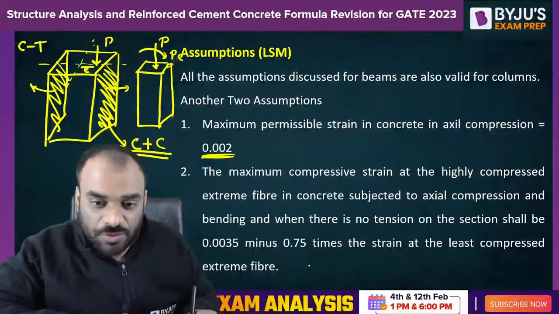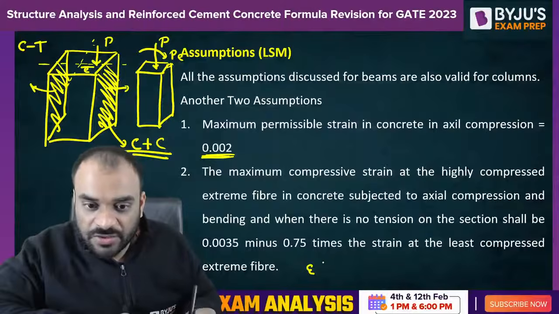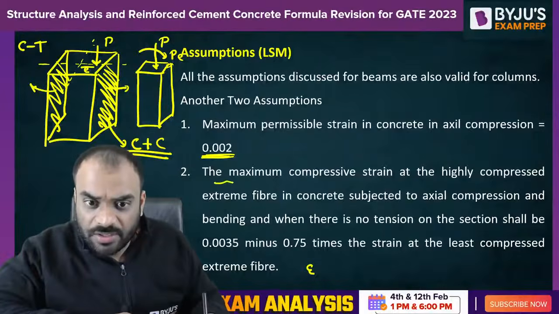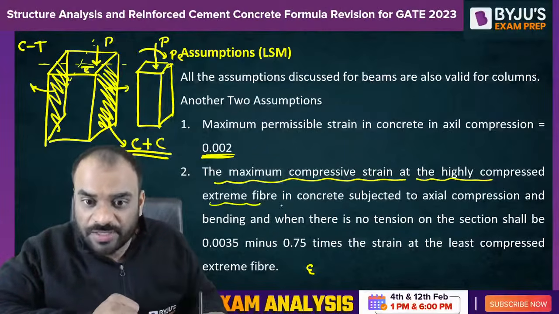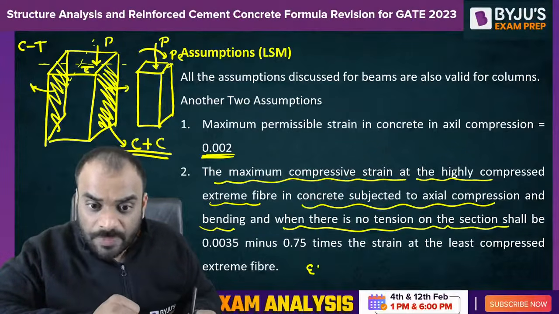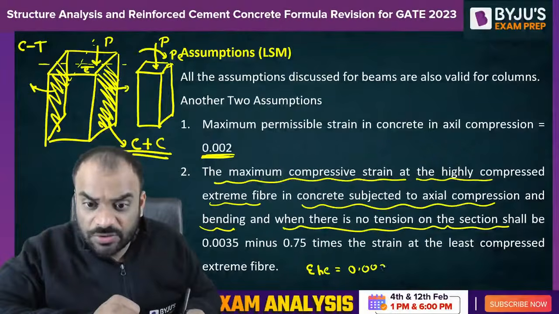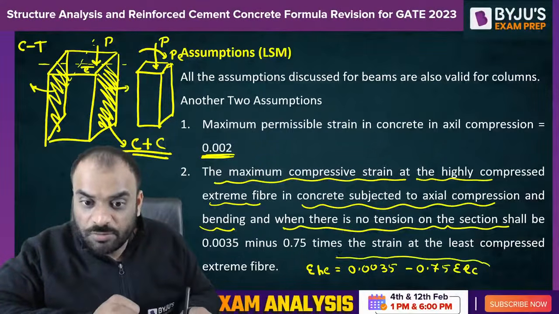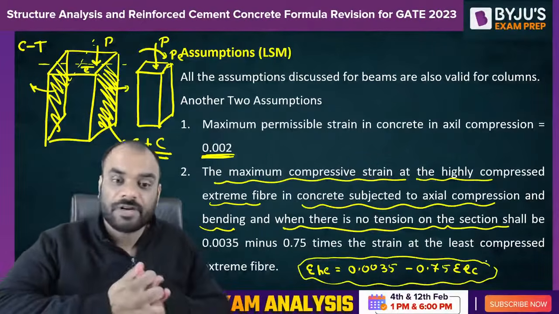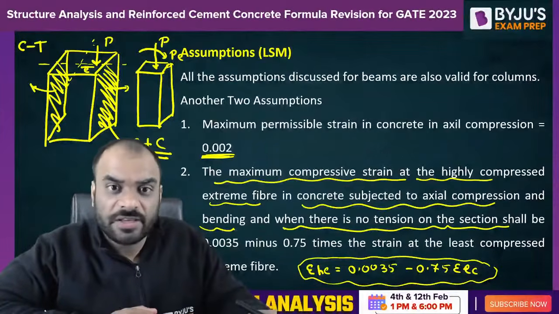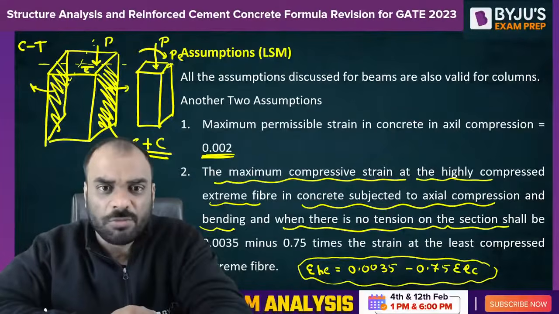So as per the IS code, the maximum compressive strain at the highly compressed fiber, when subjected to axial compression and bending with no tension on the section, shall be 0.0035 minus 0.75 times the strain in the least compressed fiber. This should be the formula. Please remember this, it is important. Sometimes they will ask what the highly compressed fiber strain should be as per the IS code. It is a 1 mark problem.